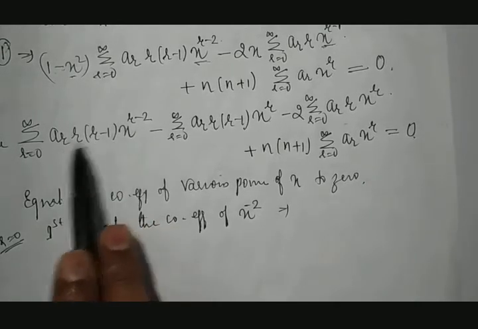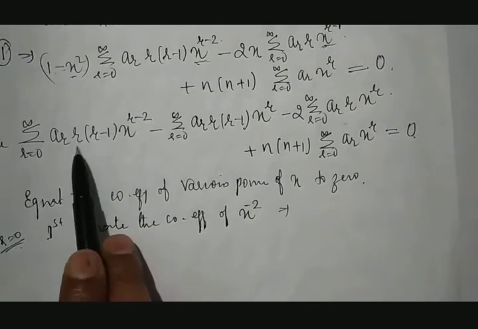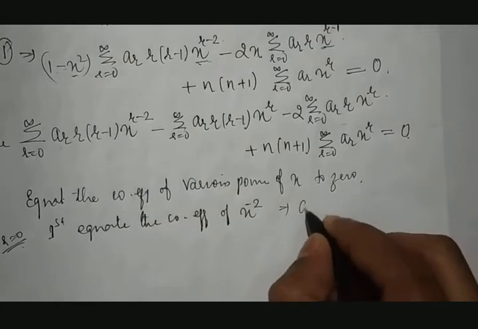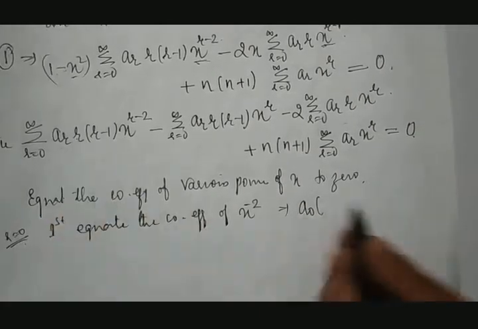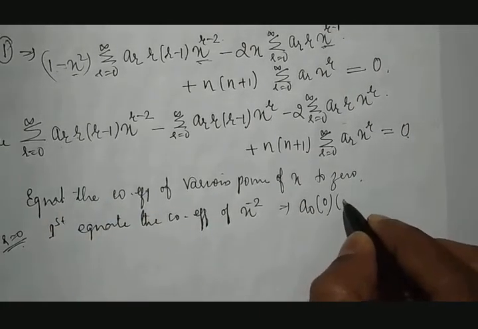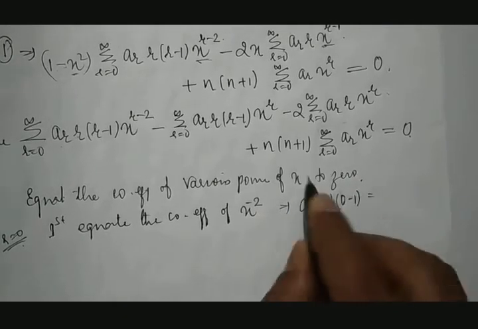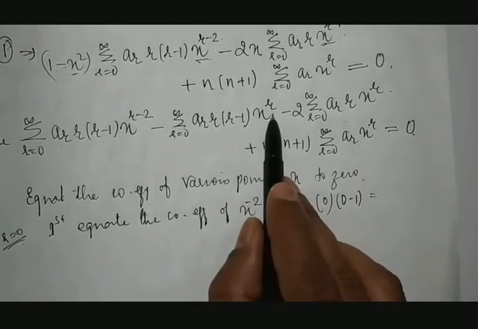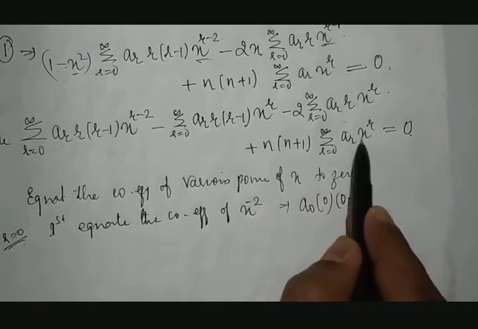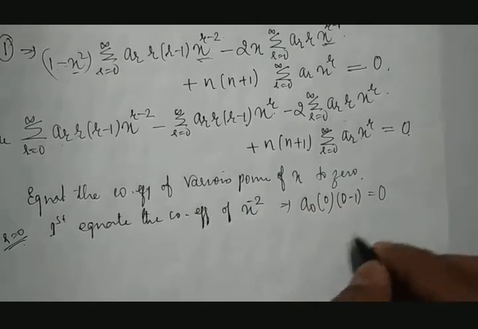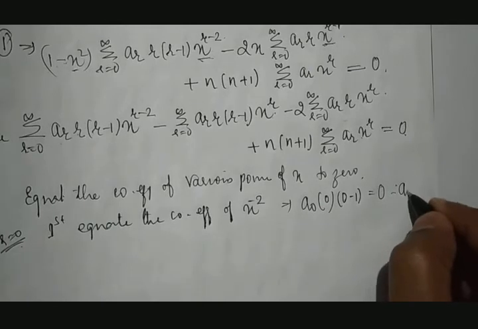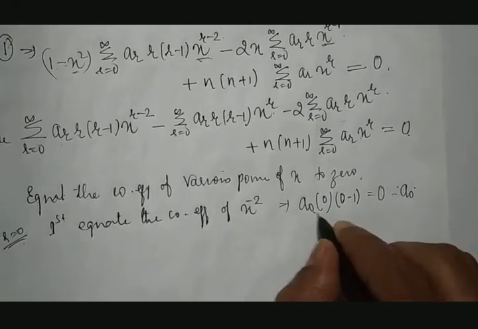If you put r equal to 0, it becomes a_0 into 0 into (0-1) equal to 0. The other terms will not be considered because they are x^0. Therefore a_0 equal to 0?